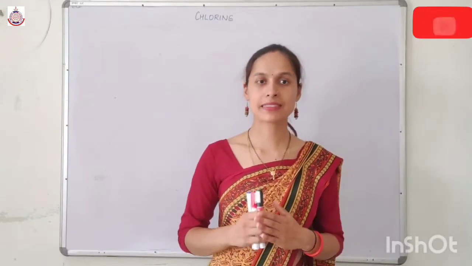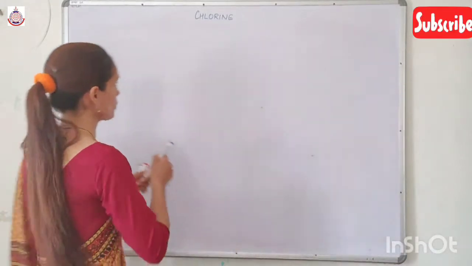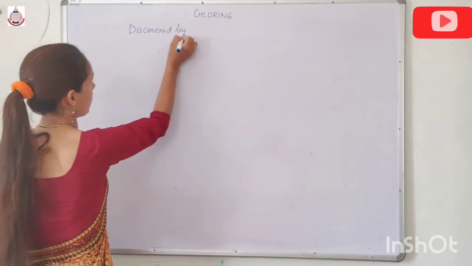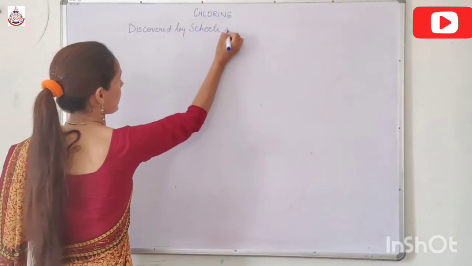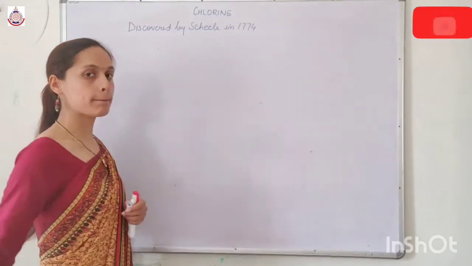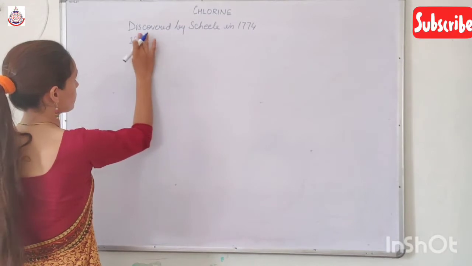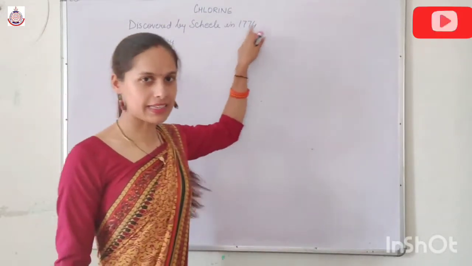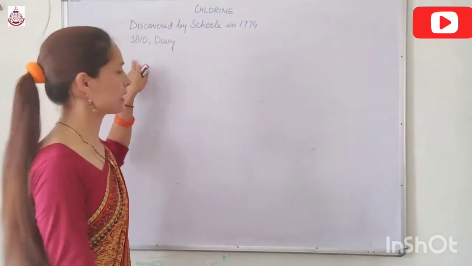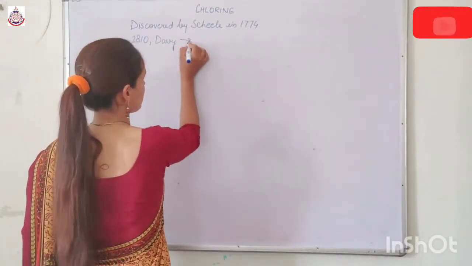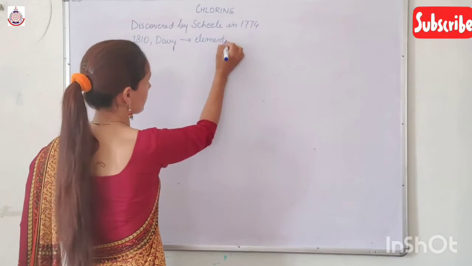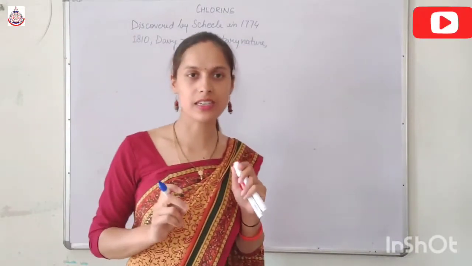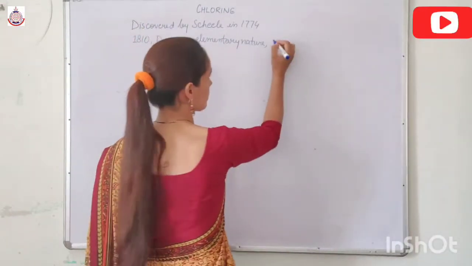Chlorine was discovered by Scheele in 1774, but in 1810 there was a scientist Davy who established its elementary nature and suggested the name chlorine for Cl2, because of its color.